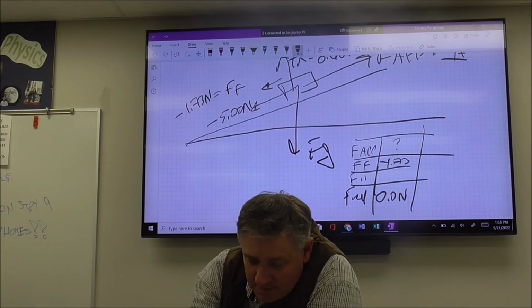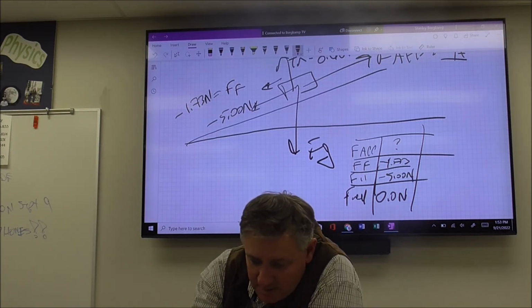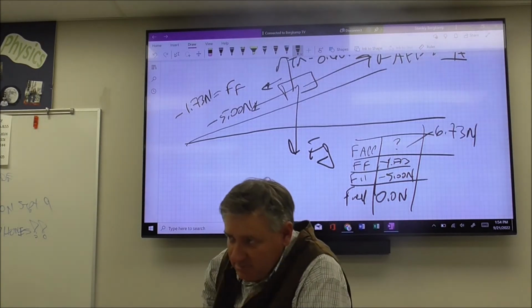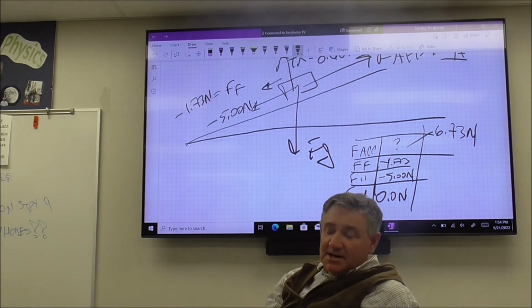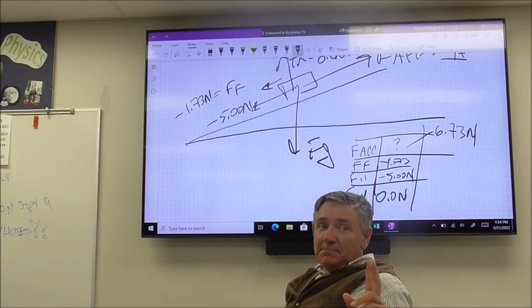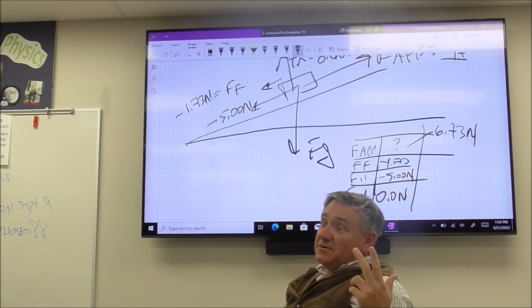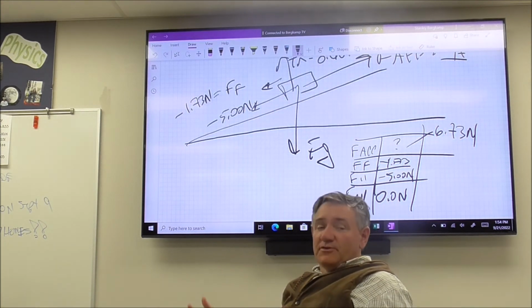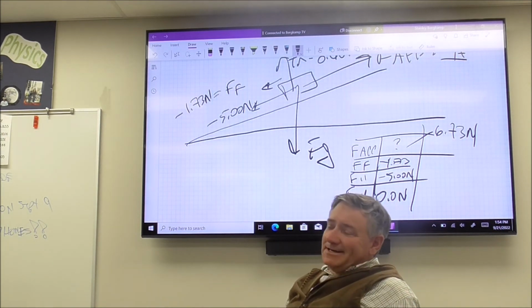My force parallel is going to be negative 5 newtons. So therefore, my force applied has to equal positive 6.73 newtons. Now the mafias have teamed up, because now they're working together. So when I go to push this thing up the hill, the frictional mafia is going, man, you're going up the hill, we're going to try and slow you down.